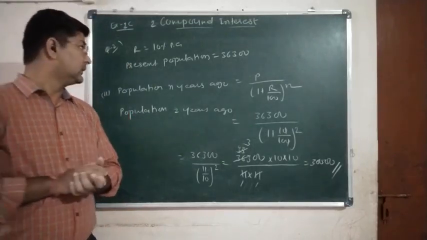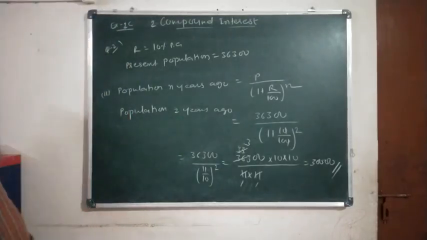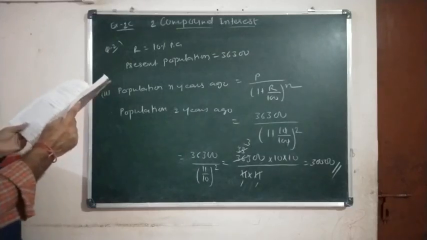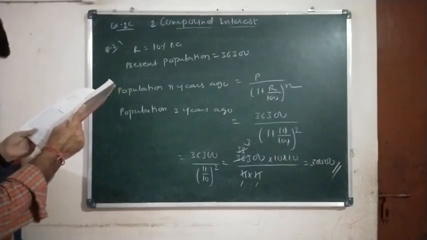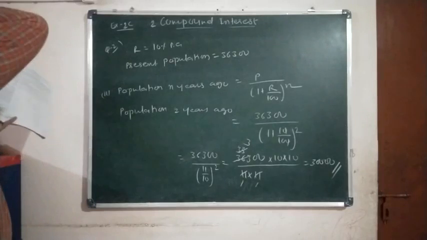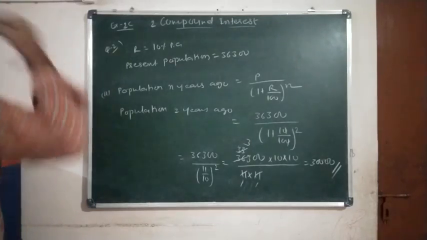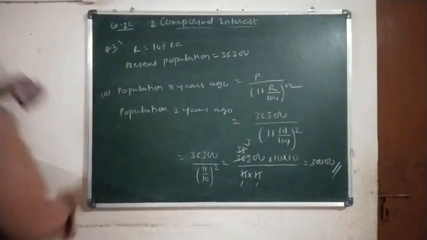Now let us solve the next question. Question number 3: Present population of a town is 1,76,400.